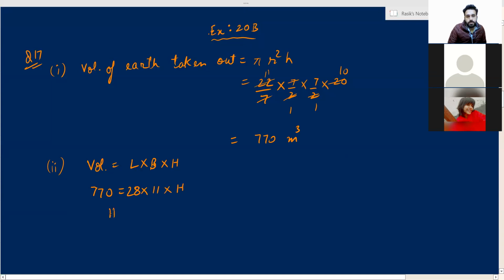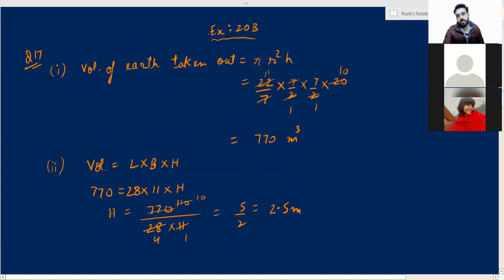So H is equal to 770 upon 28 into 11. Divide by 7, 110, 4, divide by 11, 10, 10 upon 4, 5 upon 2. That means 2.5 meters. Any doubt?